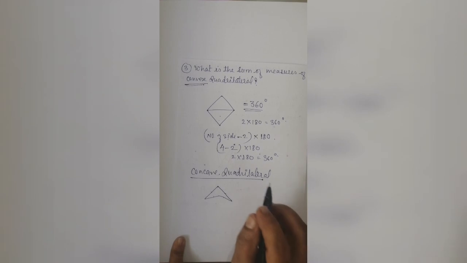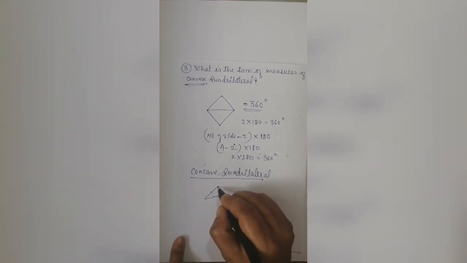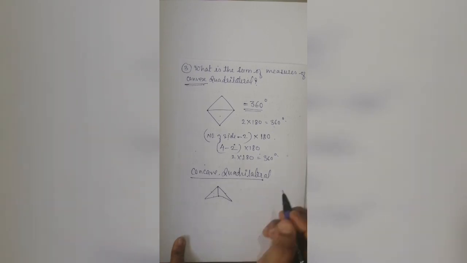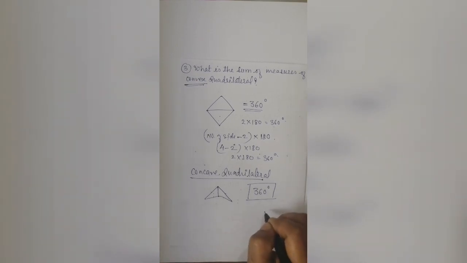But this concave quadrilateral also has 4 sides, and it is divided into 2 triangles only. That's why we can say that whether the quadrilateral is convex or concave, the sum will be 360 degrees only, always.